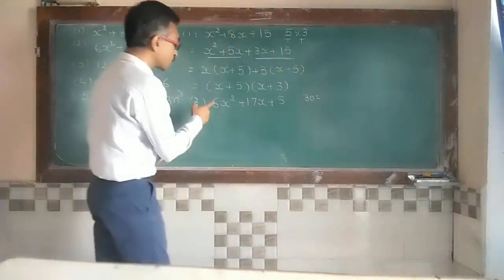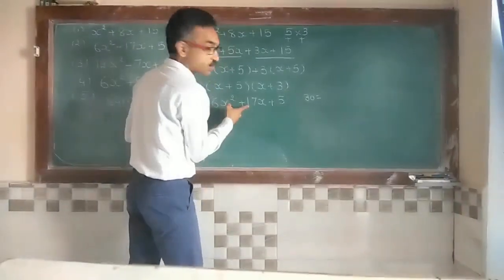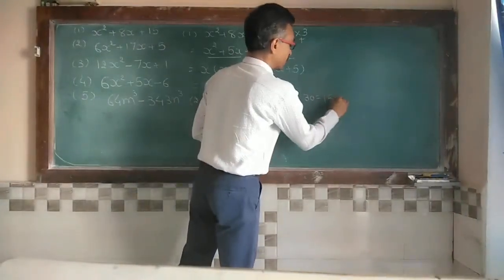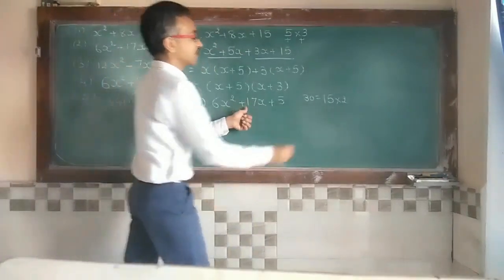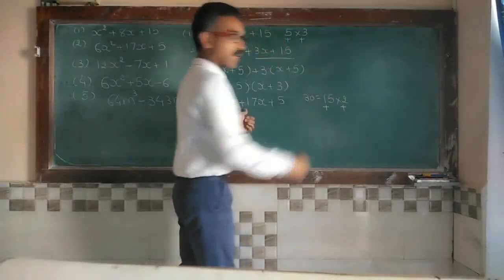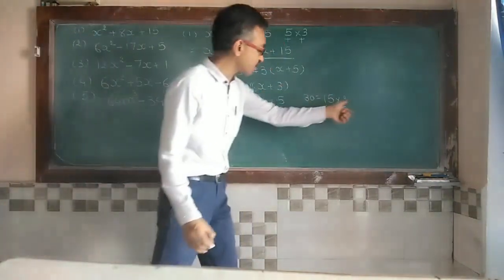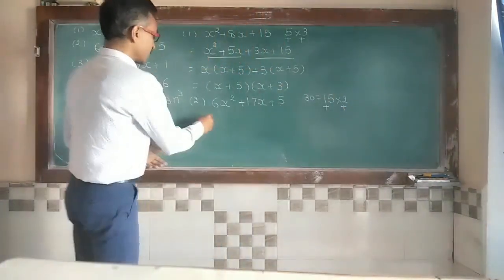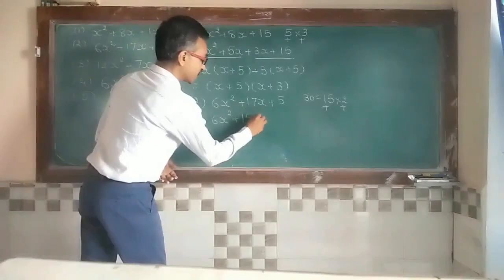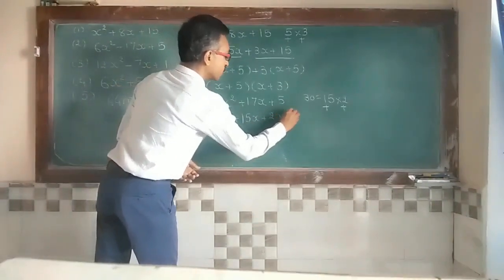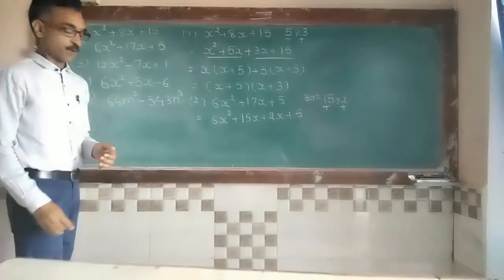So 30 is equal to 15 times 2. We have to take 17, that means plus 15 plus 2, that is 17. So put here 6x^2 + 15x + 2x + 5.